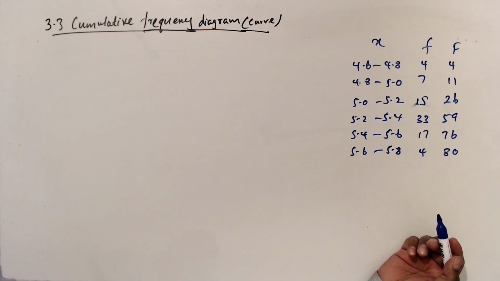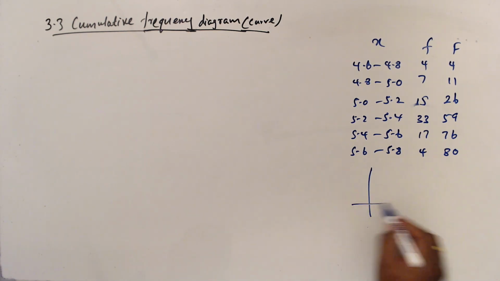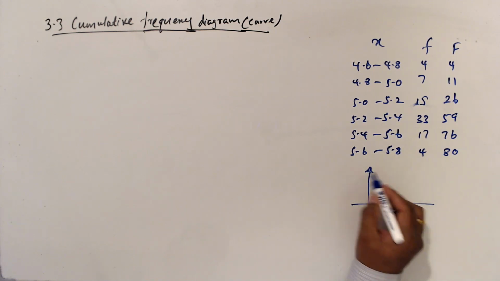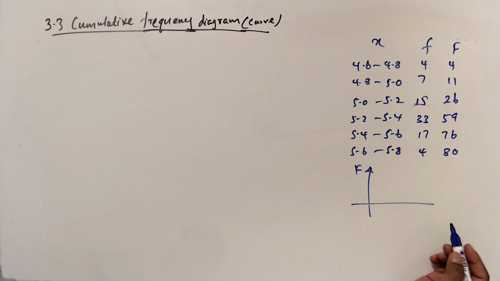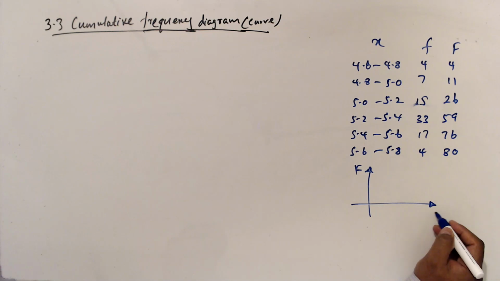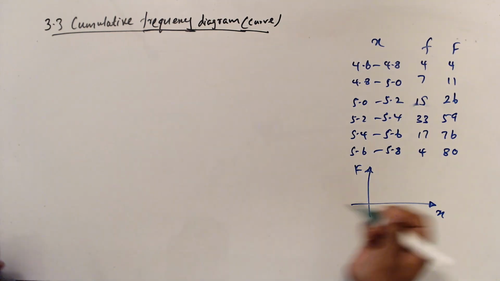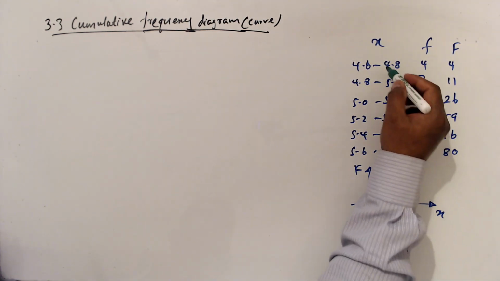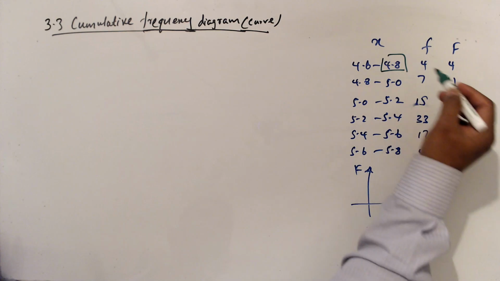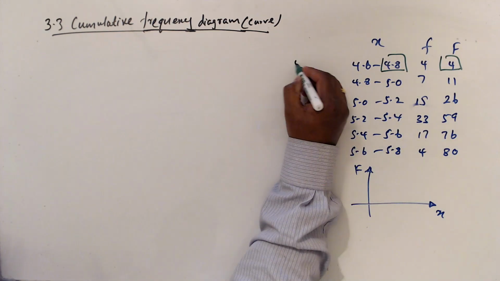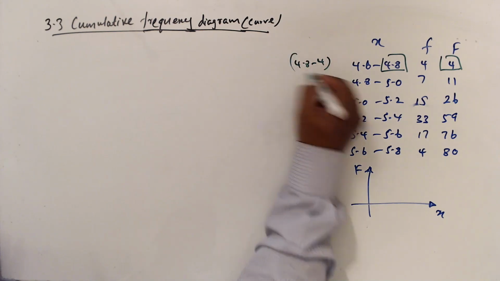Now we are going to draw a curve. The y-axis is going to be the cumulative frequency and the x-axis is going to be the upper boundary of the values. So we take 4.8 versus 4. This is the coordinate (4.8, 4).